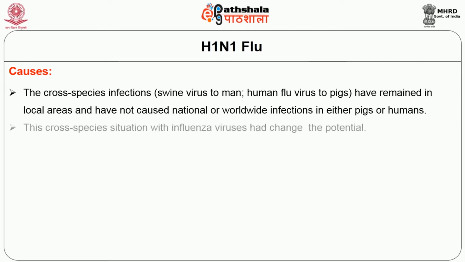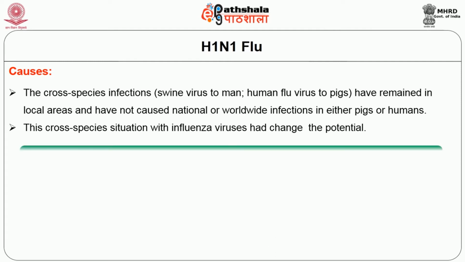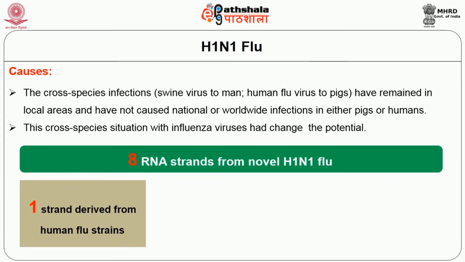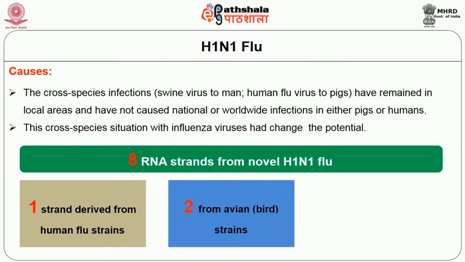Unfortunately, this cross-species situation with influenza virus has changed the potentials. The 8 RNA strands from the novel H1N1 flu have one strand derived from a human flu strain, 2 strands from avian, that is the bird flu strain, and 5 from swine flu strains.